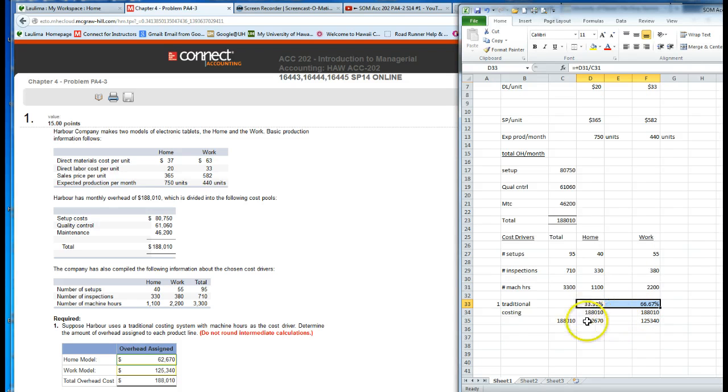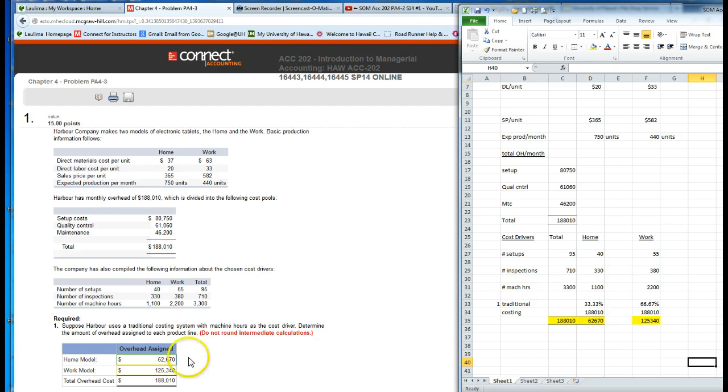And then we multiply by the total overhead, the 188,010, against both percentages to come up with the distribution of our total overhead between our two products, and again based on traditional costing using machine hours as a cost driver.